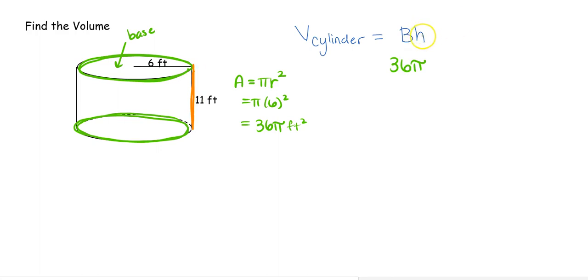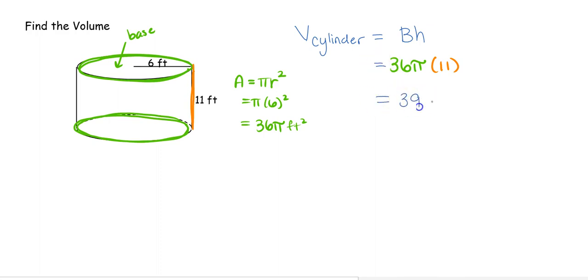Now this height comes up multiple times. If we're talking about the area, we're talking about the height of your shape. This is the height of the prism, which in this case is going to be 11. So we do 36 times 11, and then we tack the pi on at the end because we want the exact answer.